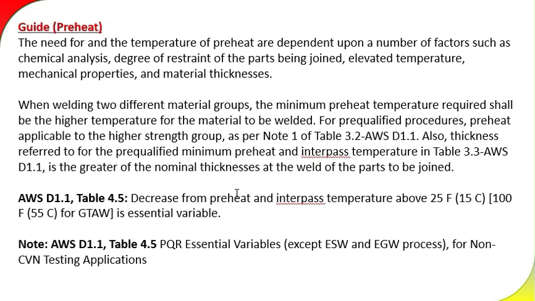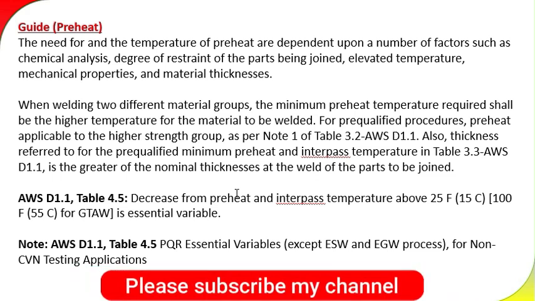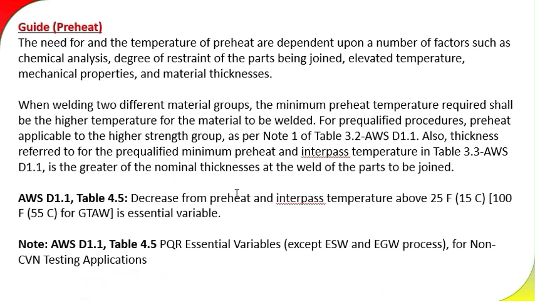When welding different material groups, the minimum preheat temperature required shall be the higher temperature of the materials to be welded. This is the general concept: minimum preheat temperature is always the higher one. For a prequalified procedure, preheat applies to the higher strength group as per note 1 of table 3.2 AWS D1.1.